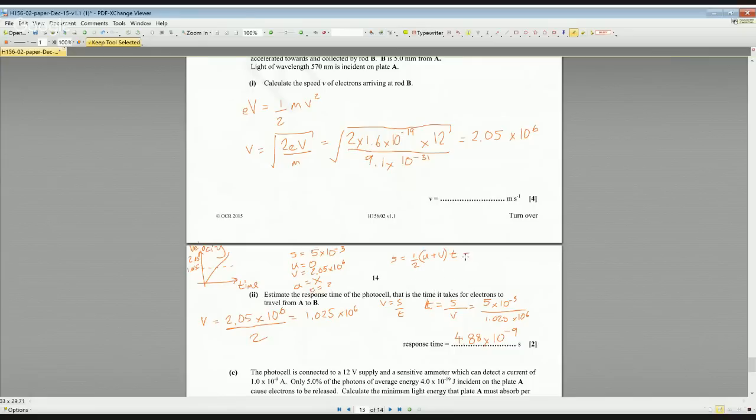Let's put the numbers in. So half times (0 plus 2.05 times 10 to the 6) times T is equal to S. You'd rearrange that and you're going to come out with the same answer. You can try it yourselves. So maybe I should have begun with the Suvat approach. That's probably a more straightforward way of doing it.